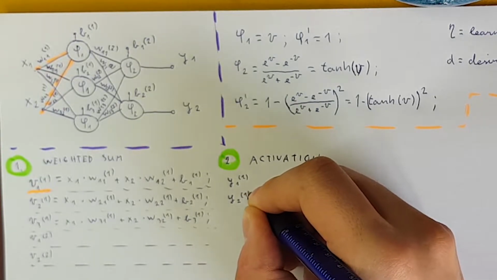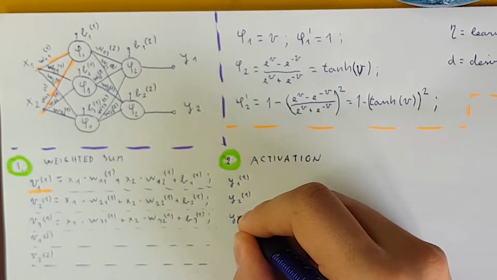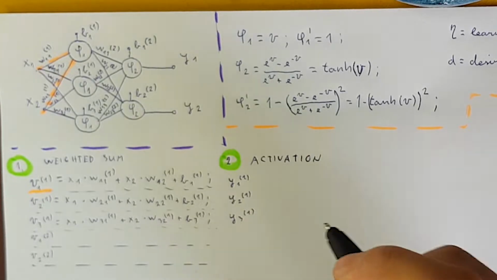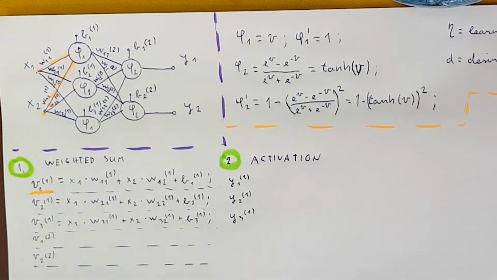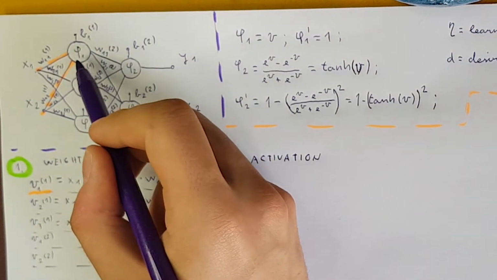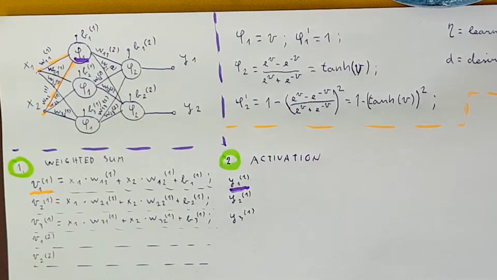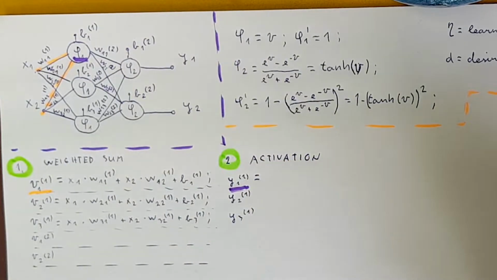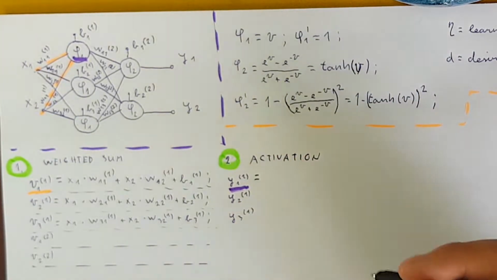Y2 for first layer and Y3 for first layer. And again, I will mark which part it is. So this is the activation, and we can see this is the activation here. So activation for our first layer is linear. We can see it here.